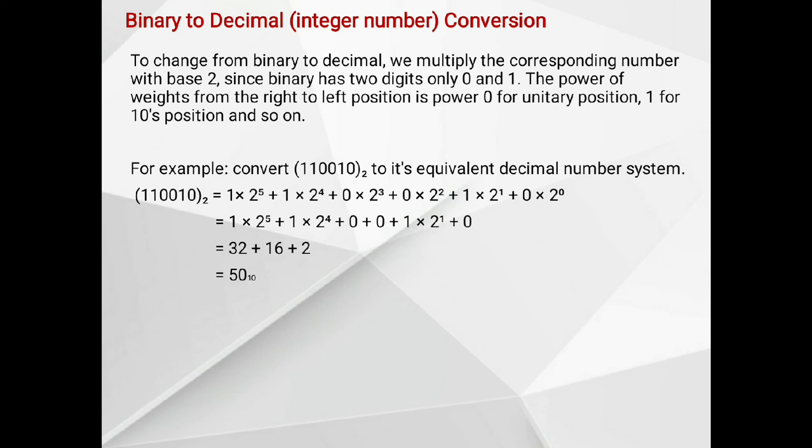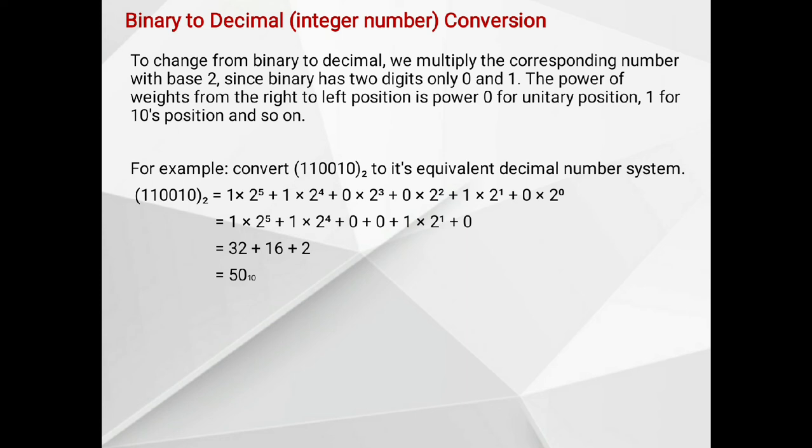You will see that the weight of the power for the leftmost digit of the binary is always 1 less than the number of digits. Here you have a binary number of 6 digits, but the weightage is 5.